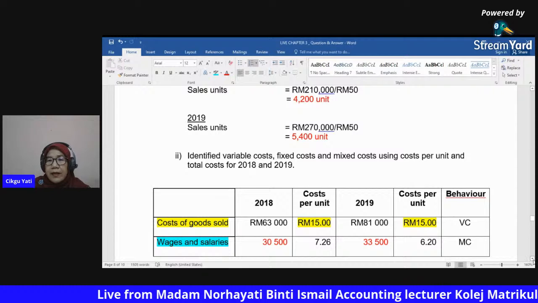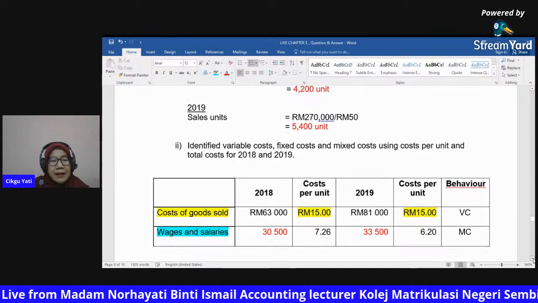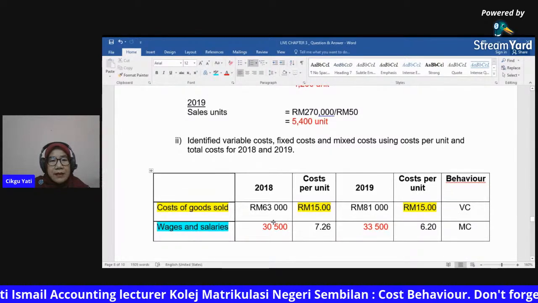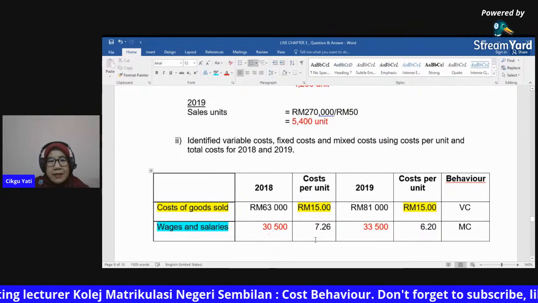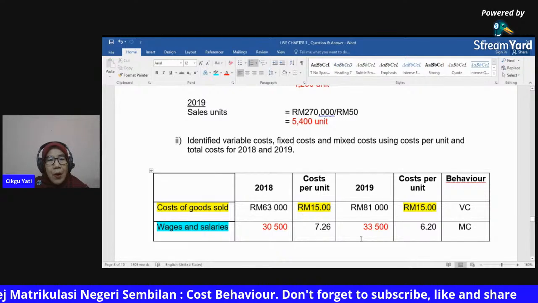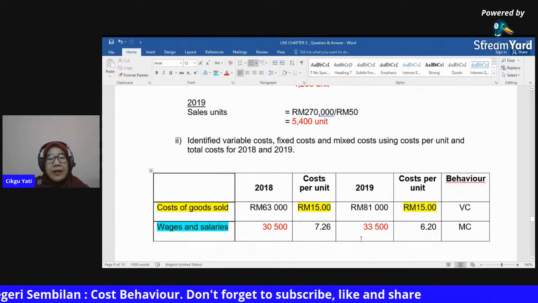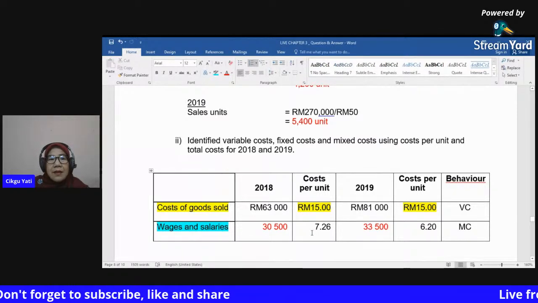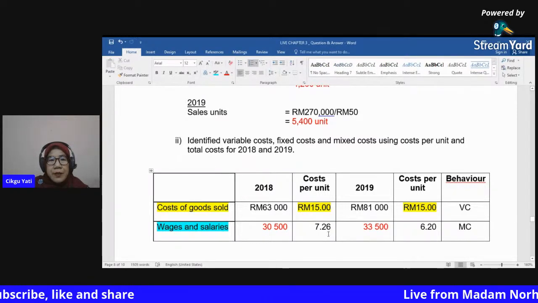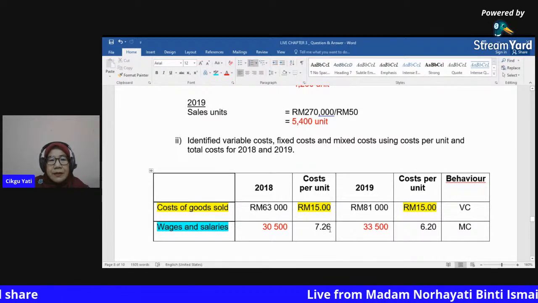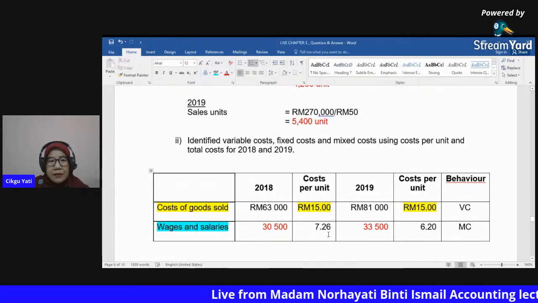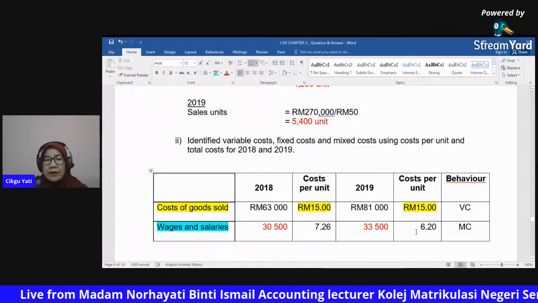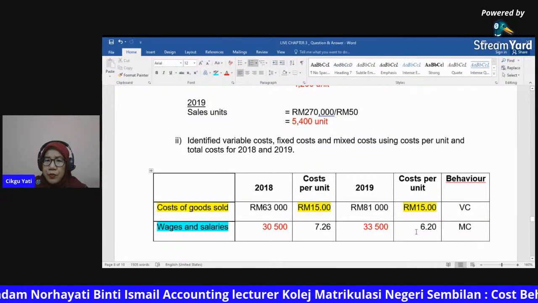Okay, the next one, wages and salaries. We find that the total cost increases when the level of output increases. That one we can define as variable. But the cost per unit reduces from 7.26 to 6.20.